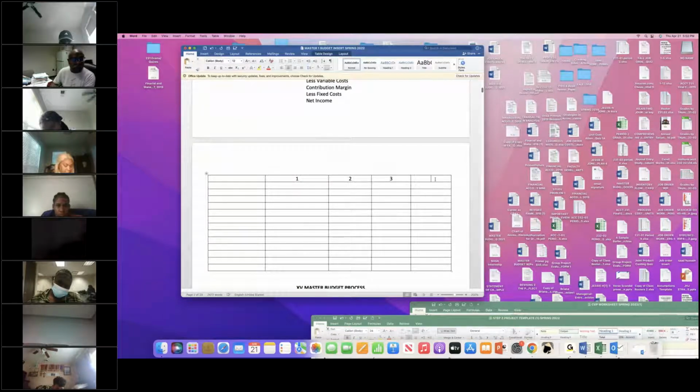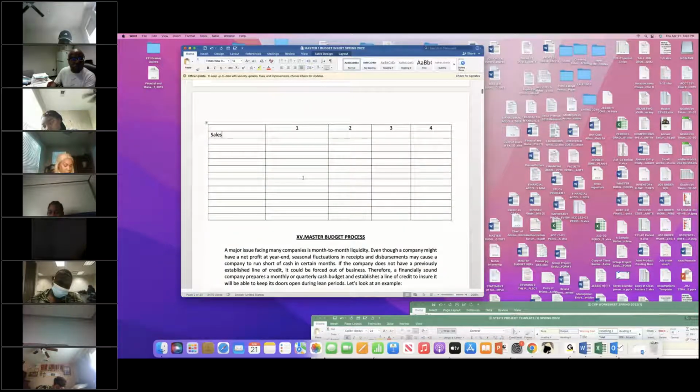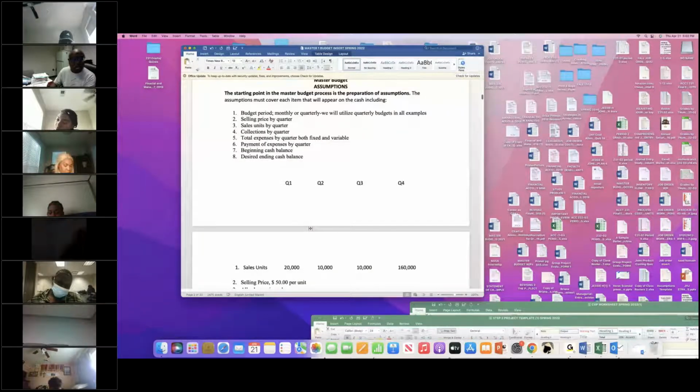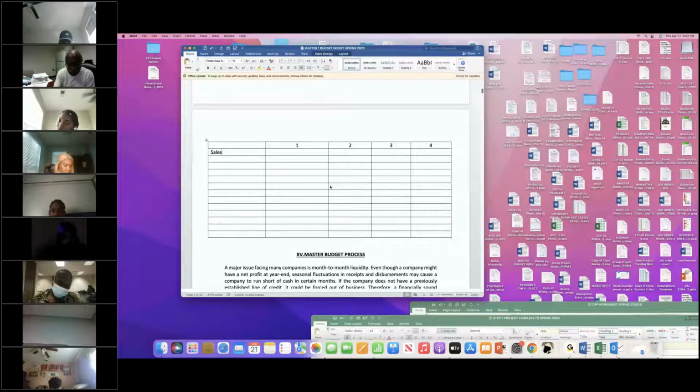And what happens in most businesses is the sales come in the last part of the year. So here it was 20, 10, 10, and 160. We're assuming the sales are 20,000 in the first quarter, 10,000, then 10,000 again, then finally 160,000.